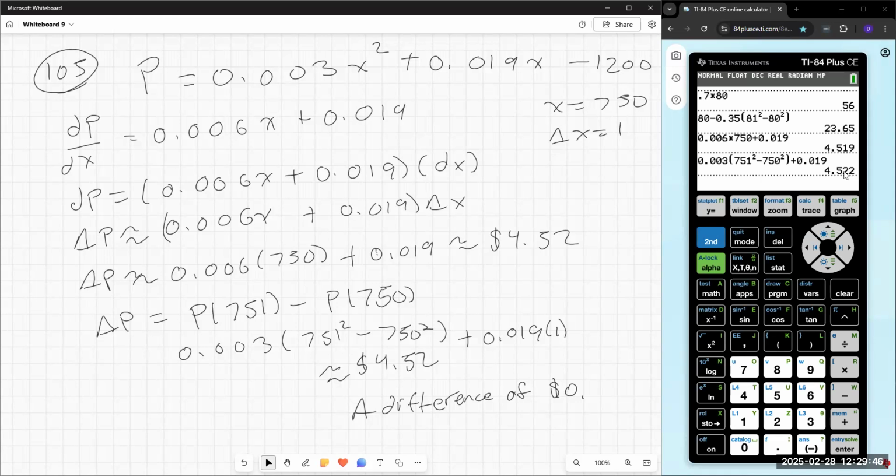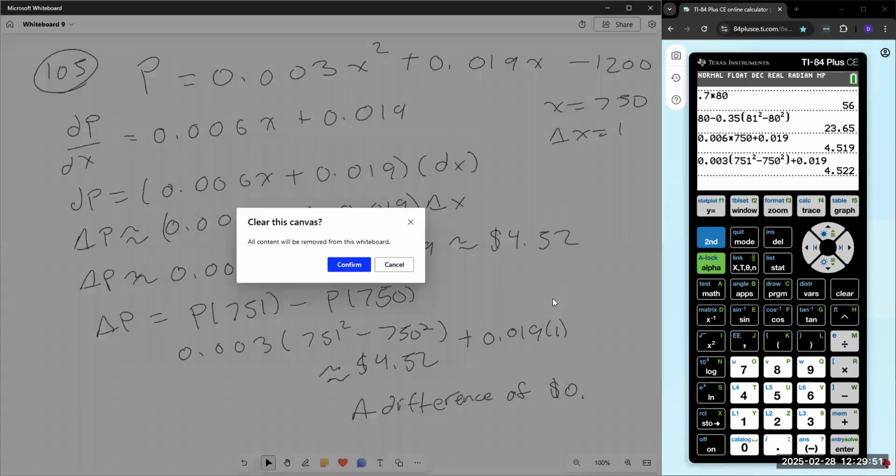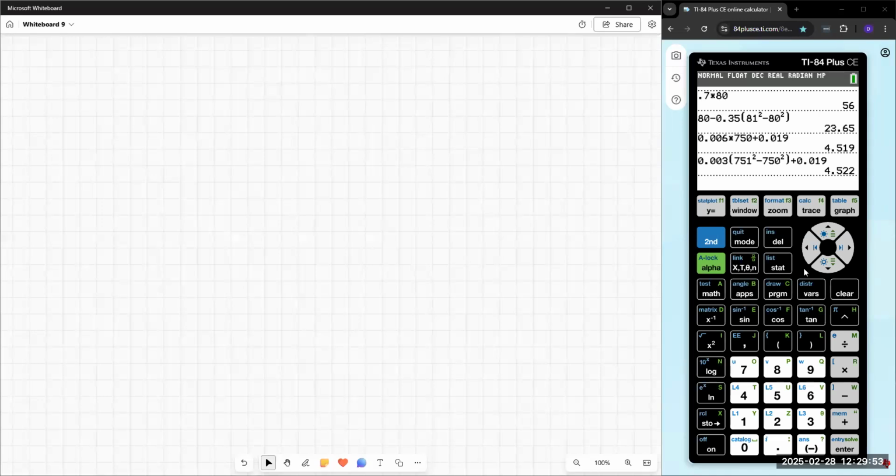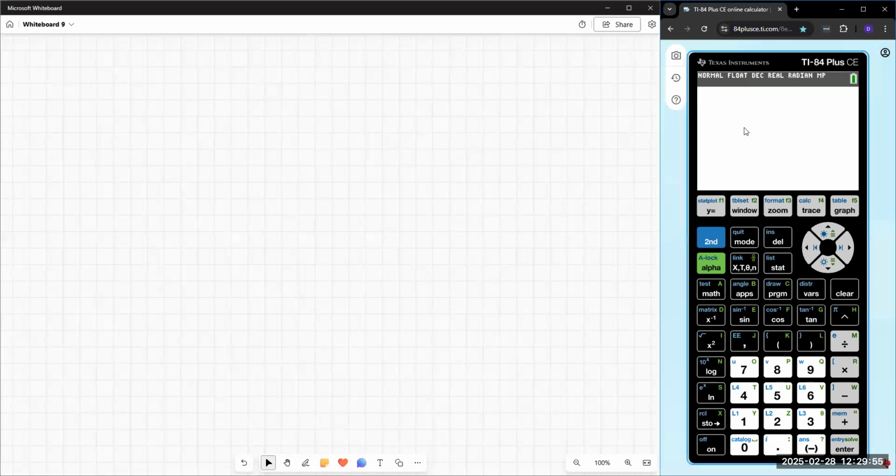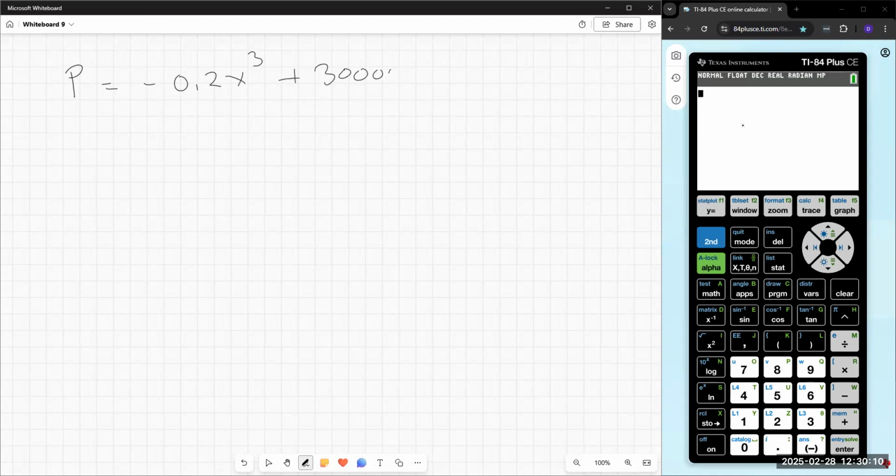Look now at 106. It says capital P profit is negative 0.2x cubed plus 3,000 times x minus 7,500. X is going to be 50.